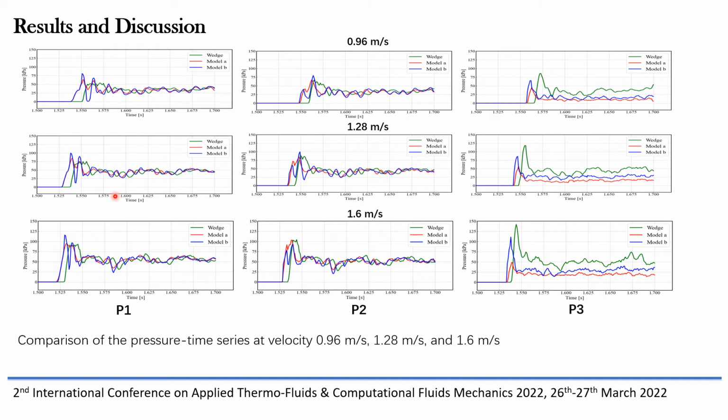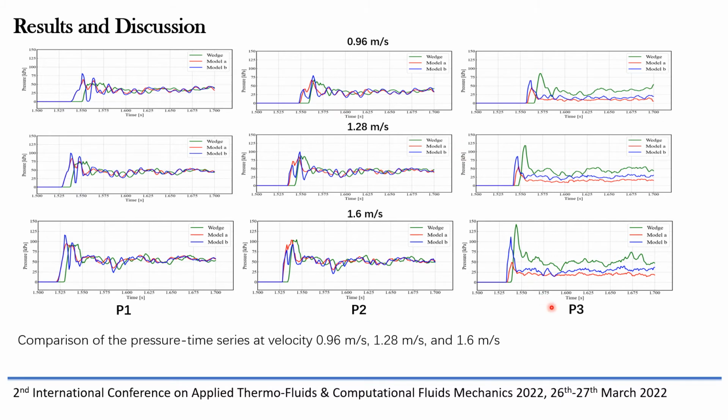And we can see that at P1 and P2, the first impact of model B is minimum, this one and this one. After the steady pressure occurs in the simulation, model B has slightly lower pressure.